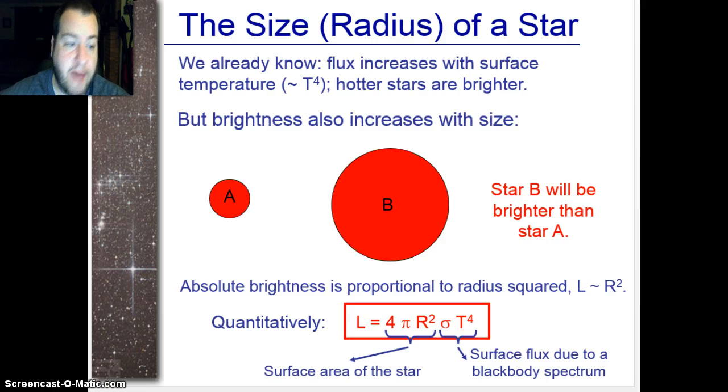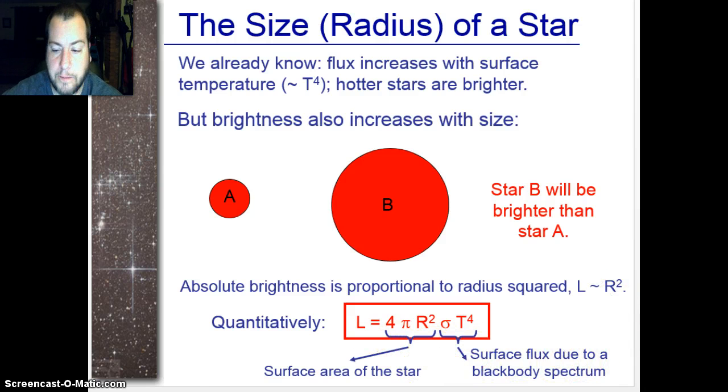Trick of math. Alright, now we also know the Stefan-Boltzmann law. We've looked at this before. We know that the flux increases with surface temperature, so hotter stars are brighter, but brightness also increases with size. Absolute brightness is proportional to the radius squared.